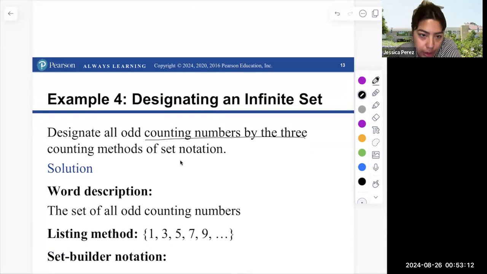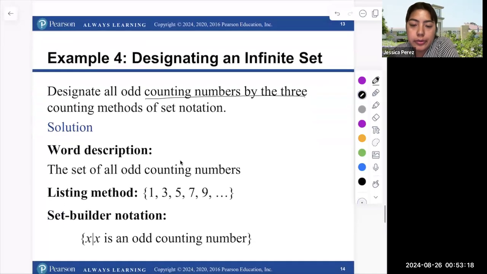The set notation: the set of all numbers 1, 3, 5, and then set builder is X such that X is an odd counting number. So all we want is this piece, odd counting number.